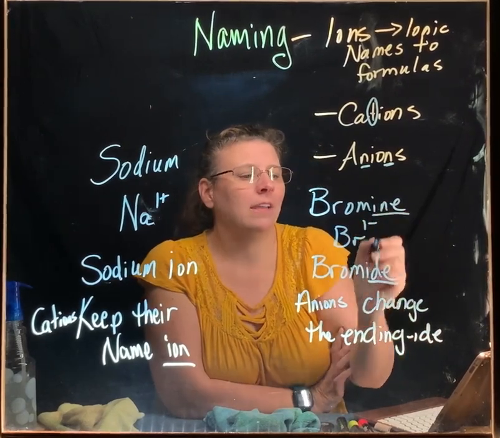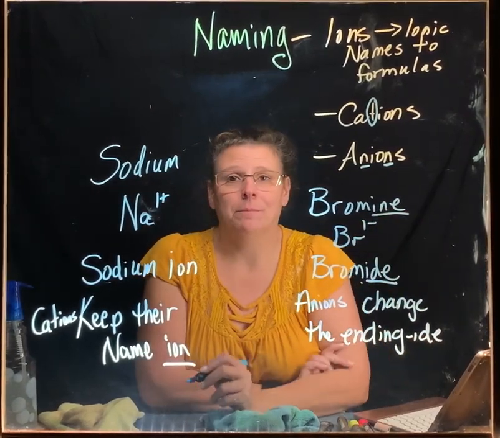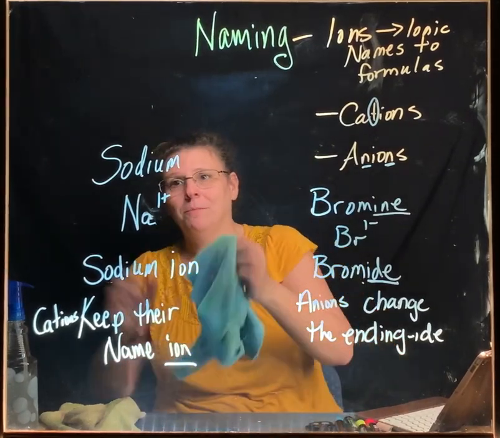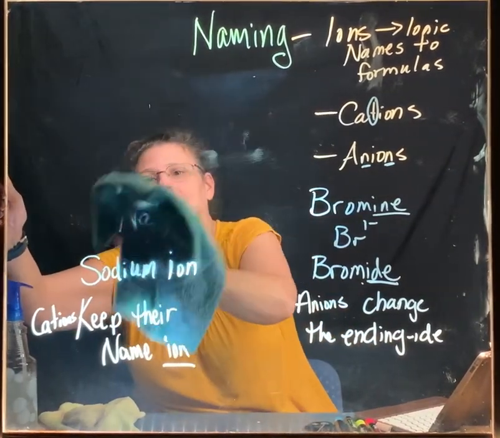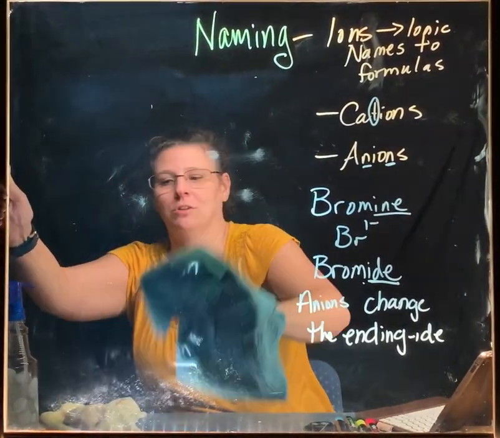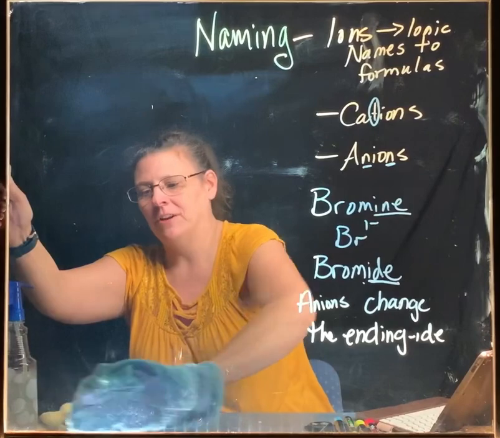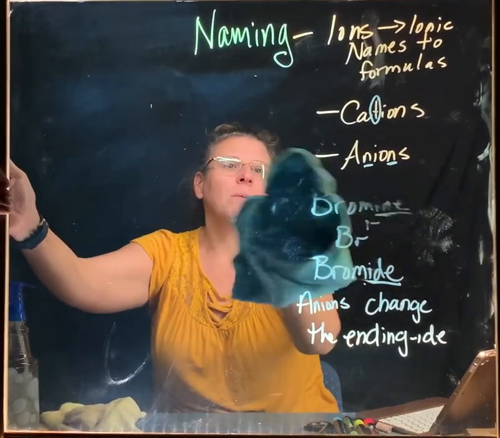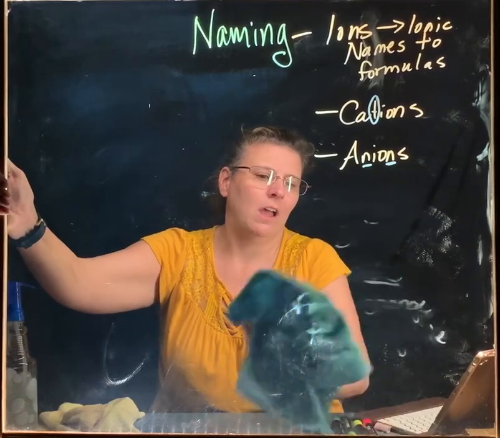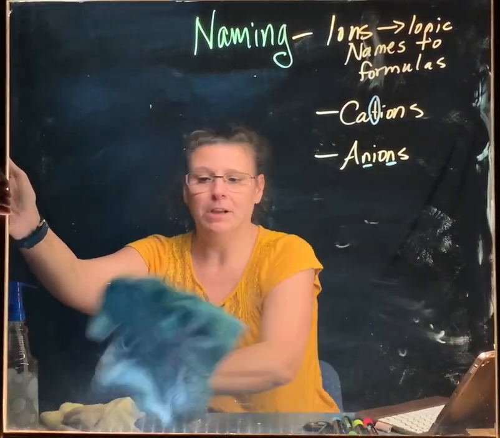So INE becomes IDE, bromide. Let me do a few more and see if you guys can get this, and then we'll start getting into some names to formulas, and then you'll finish it up in another video. I'm going to make this one somewhat shorter than I thought it was going to be, but that's okay.